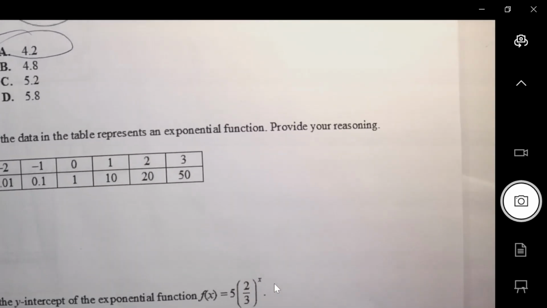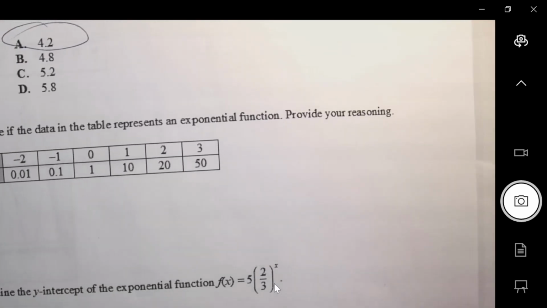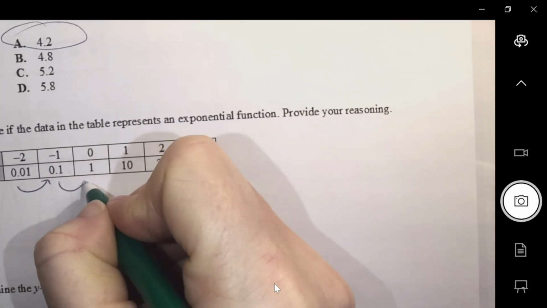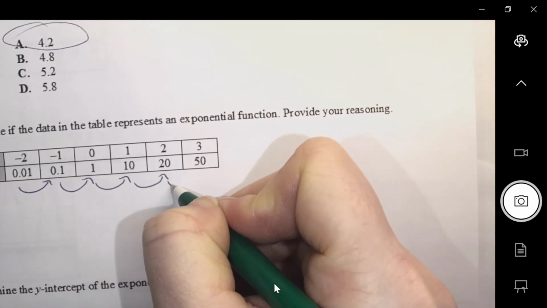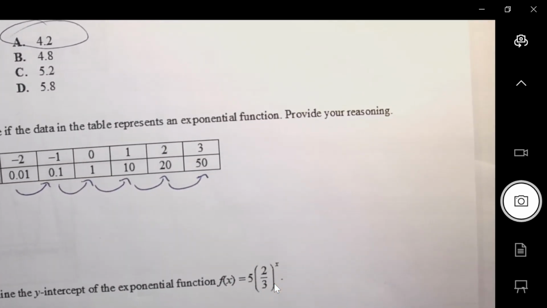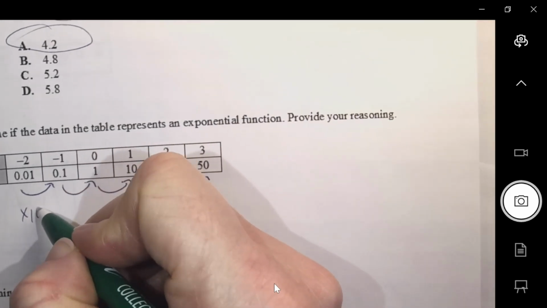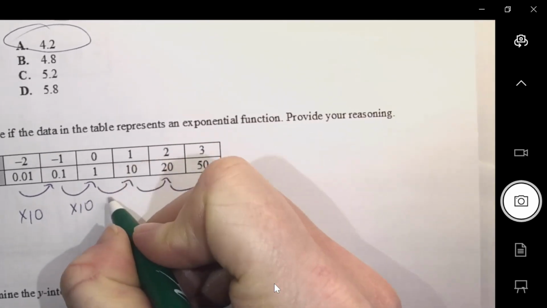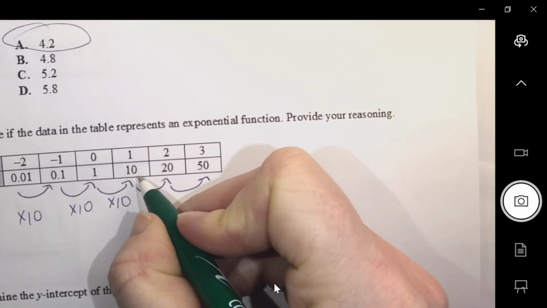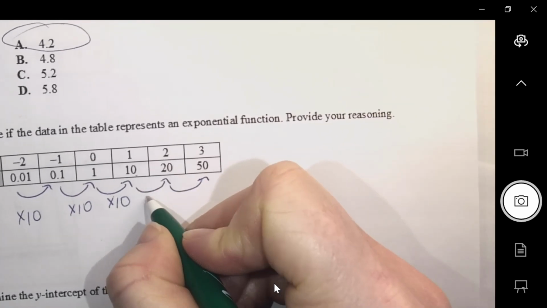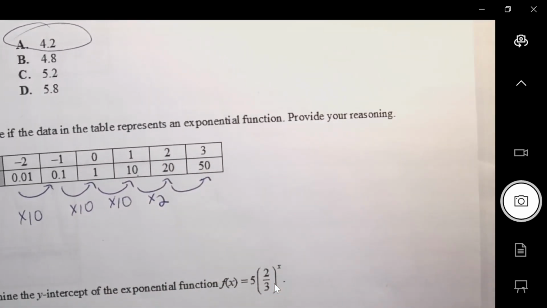Determine if this is an exponential function. So as we move, what does an exponential function do? What should an exponential function do? It should be timesing by the same. So here to here was times by 10, times by 10, times by 10, and then here to here it gets times by 2.